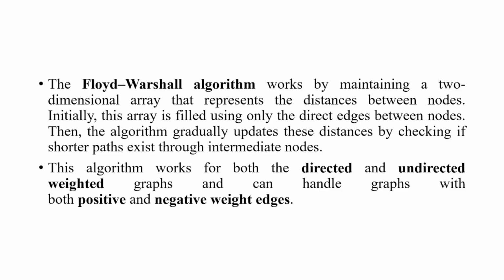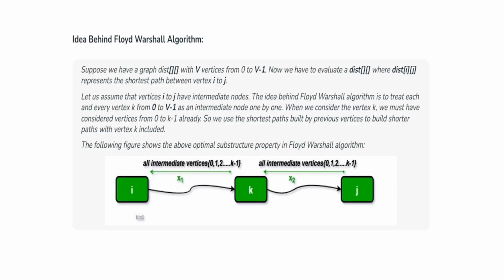If a shorter path is available, it will update the old value with the new one. This algorithm works for both directed and undirected graphs and can handle both positive and negative weight edges. But the important note is that it does not work with negative cycles. So this is the idea behind the Floyd-Warshall algorithm.